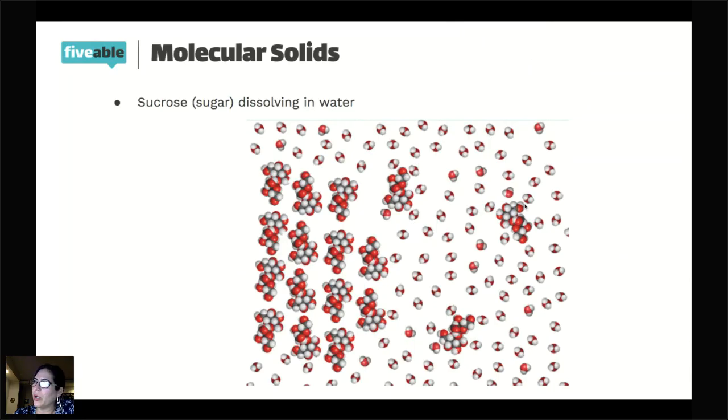It just gets organized or aligned with the partial positive of the sucrose surrounded by partial negative of the water and vice versa. So the whole chunk of sucrose will be broken apart from the crystals, but it will maintain its structure or its identity.